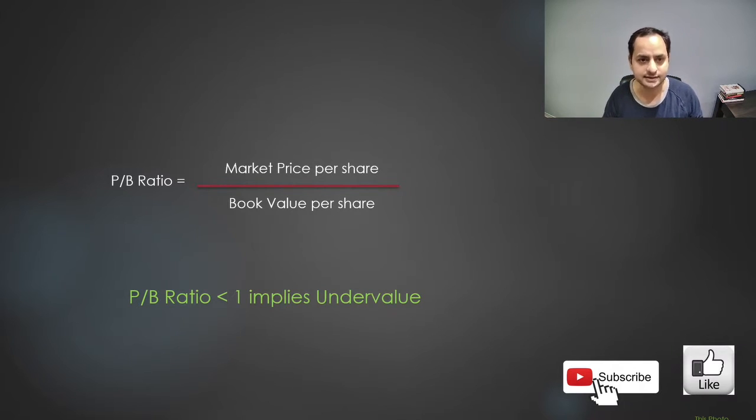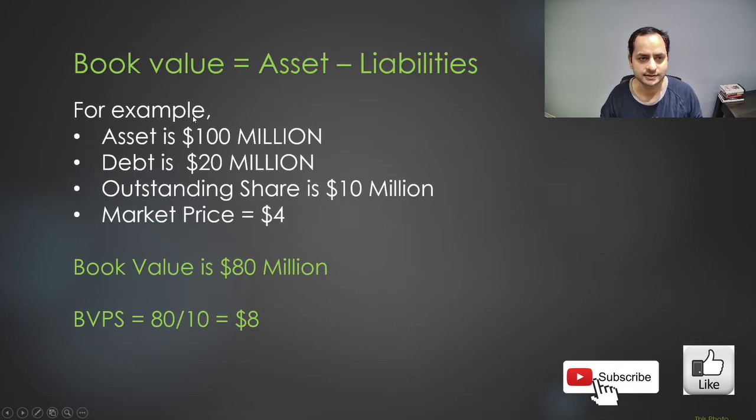So let's take an example of how to calculate the book value. When you go to the company's balance sheet, it has assets and liabilities, right? If you subtract liabilities from assets, that's basically the worth of the company. So we'll say this is the book value of the company.